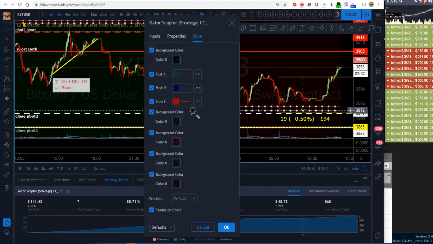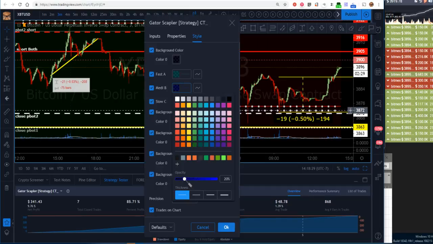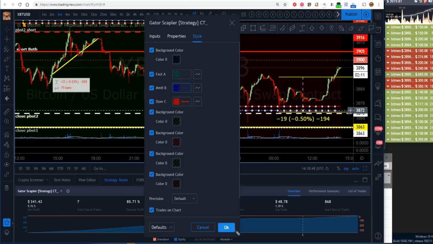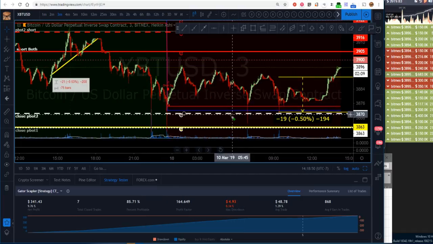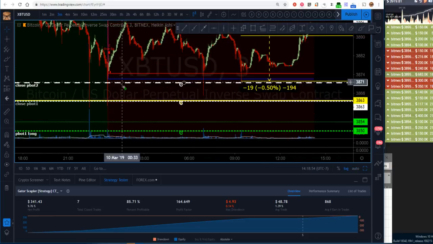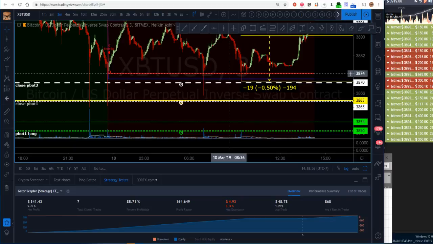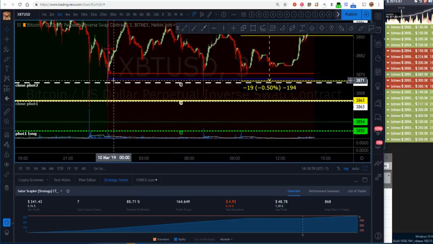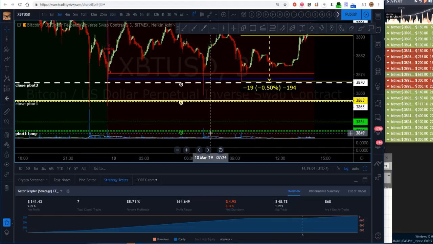The blue line, we want to be able to see it. You see the blue line? These are the Gator moving exponential moving averages, and they seem to be holding. And that's all I can say.